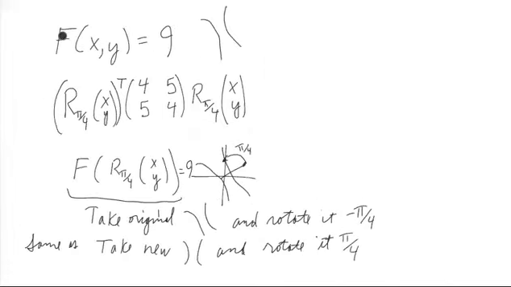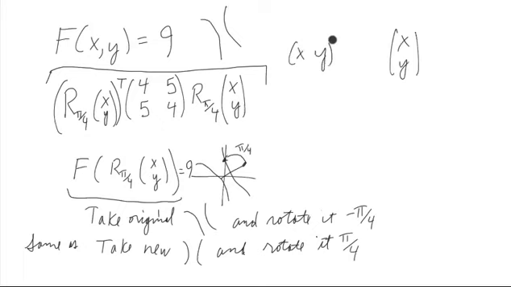Let's think about the left side as being a function of x and y, and it's equal to 9. Think about what's happening on the function side. Normally the input x, y goes right here and here, such as x, y and x, y, like that. That's the input. That's where it's coming into the function.